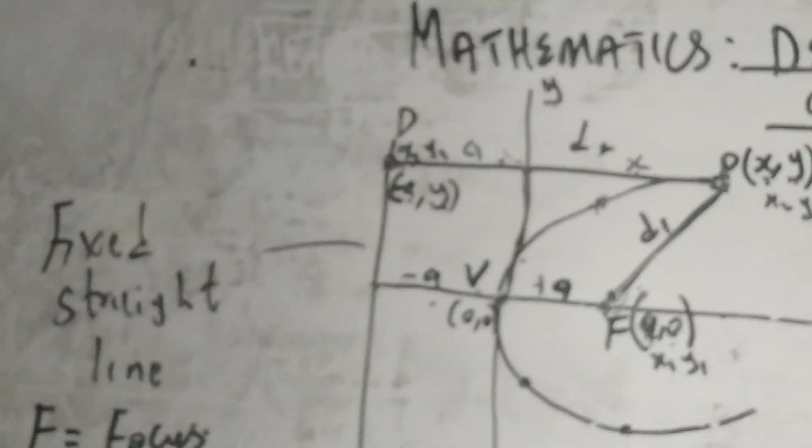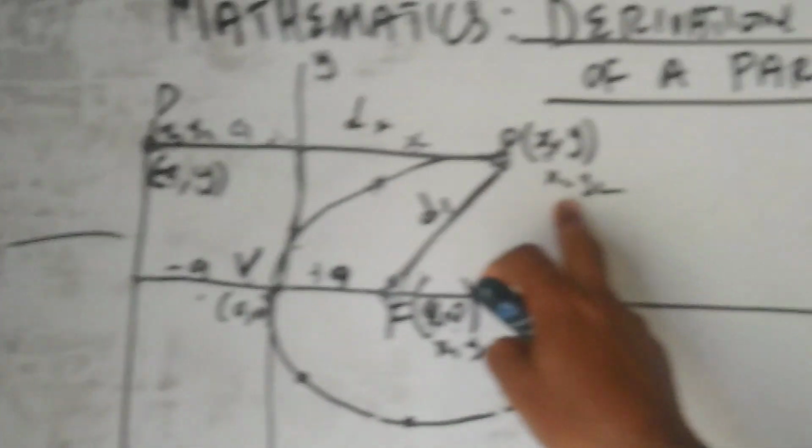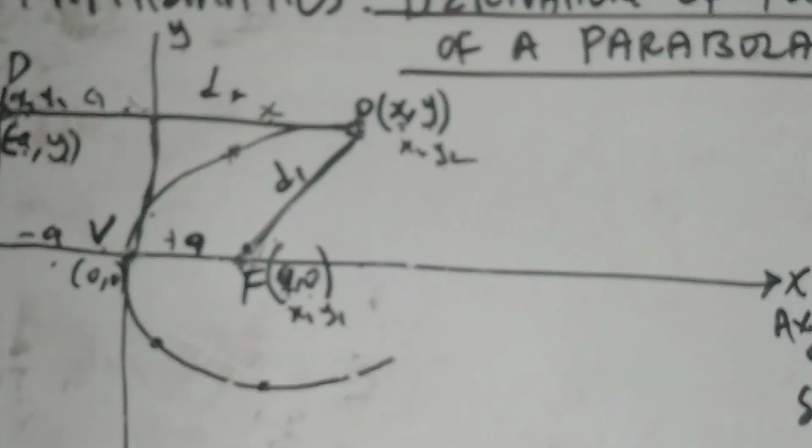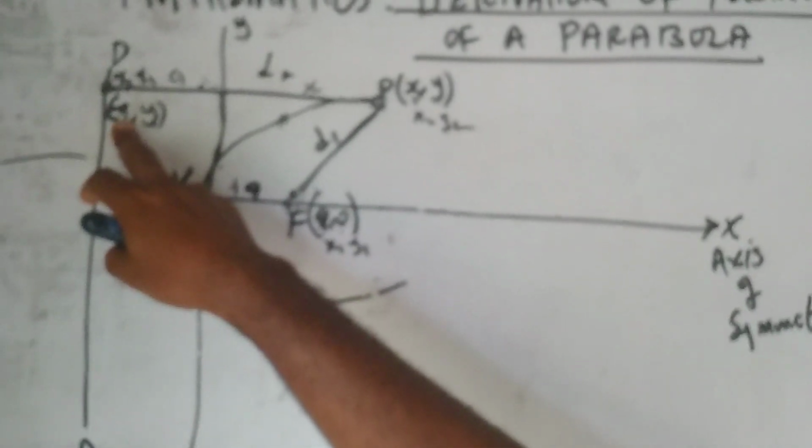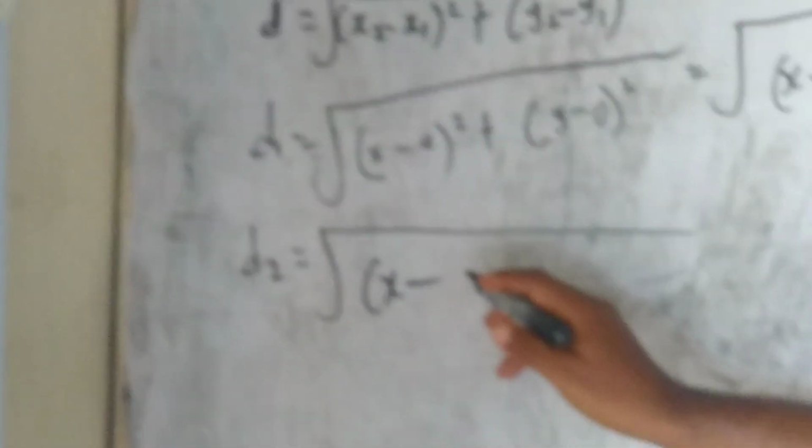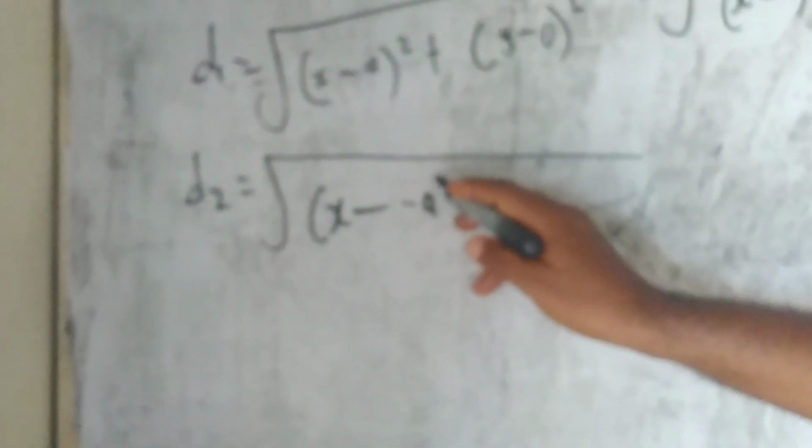If I substitute these coordinates in this formula that I have here, my x2 is x. So I have x minus my x1, which for this place is minus a, so minus minus a, squared.